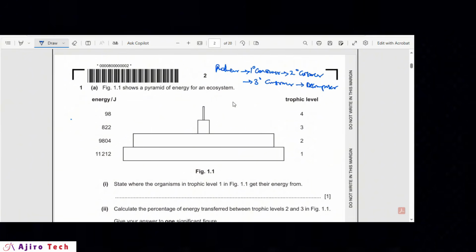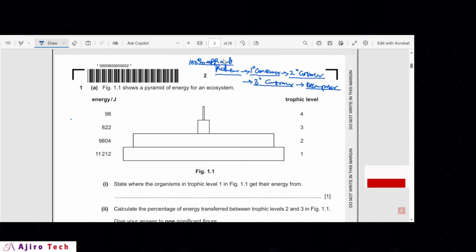So here obviously we see that there are just 4 trophic levels represented. And one of the principles that govern the food chain is that the transfer of energy from one trophic level to another is never 100% efficient.